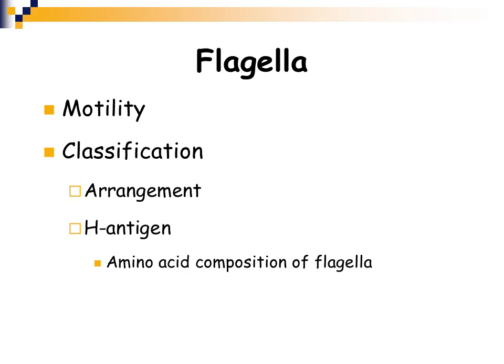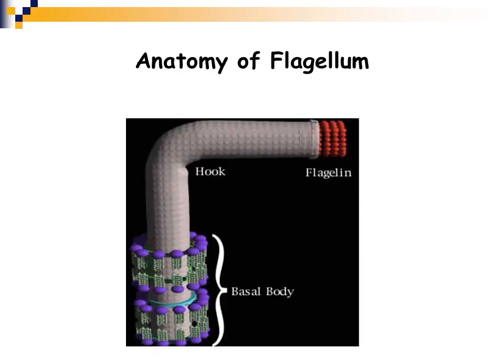If a bacterium has a flagellum or multiple flagella, it is able to move from one location to another. Flagella are classified based on their arrangement around the bacterial cell, and flagella are also considered H antigens, and that's based on their amino acid composition.